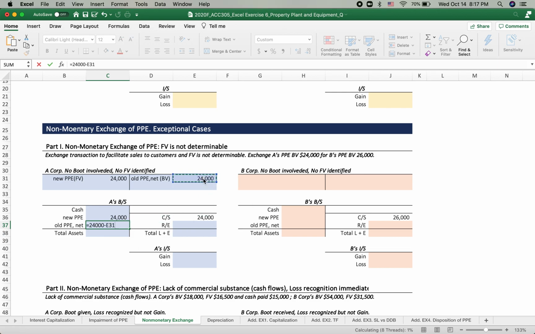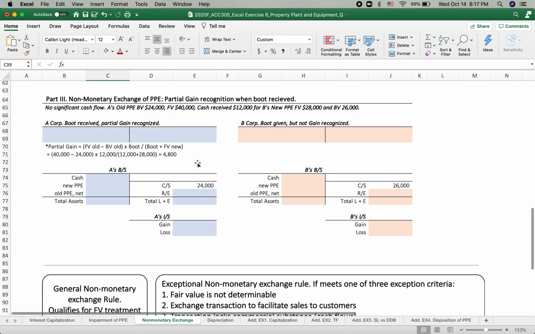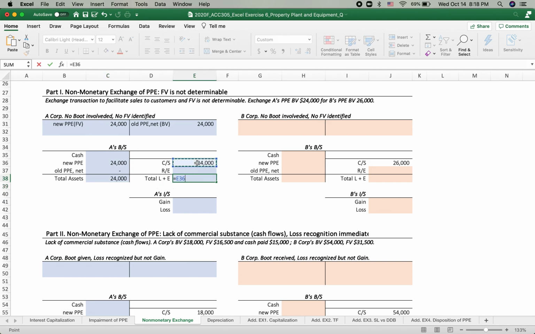So minus $24,000. So the total asset, then there's no gain or loss. There's no gain or loss is recognized. Because we assume that this $24,000 old book value is the same as the acquisition cost of PP&E. So that's it. We don't have any income statement transaction related to gain.